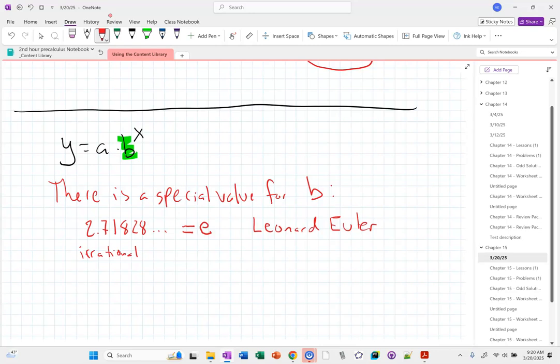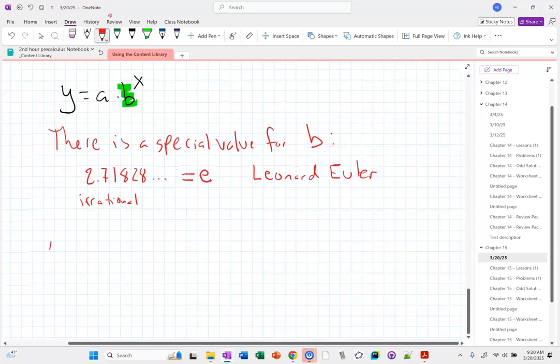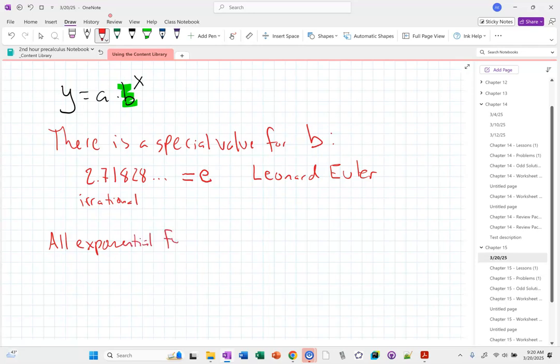And the reason this is a special value is that all exponential functions can be written as y equals a times e to the kx.